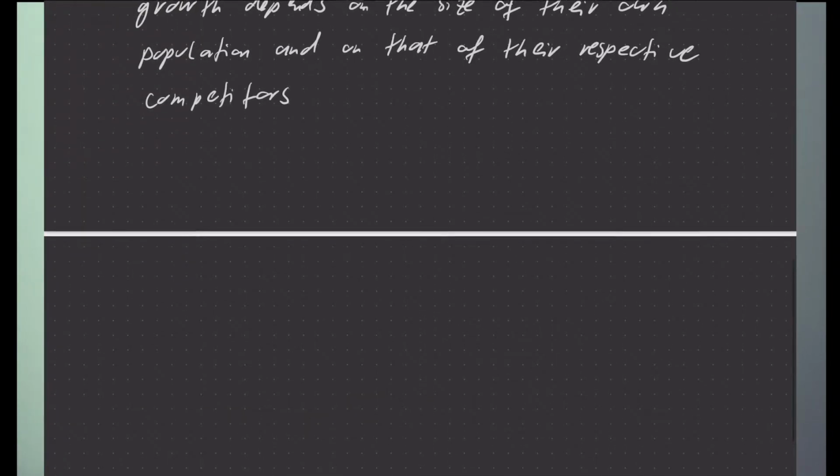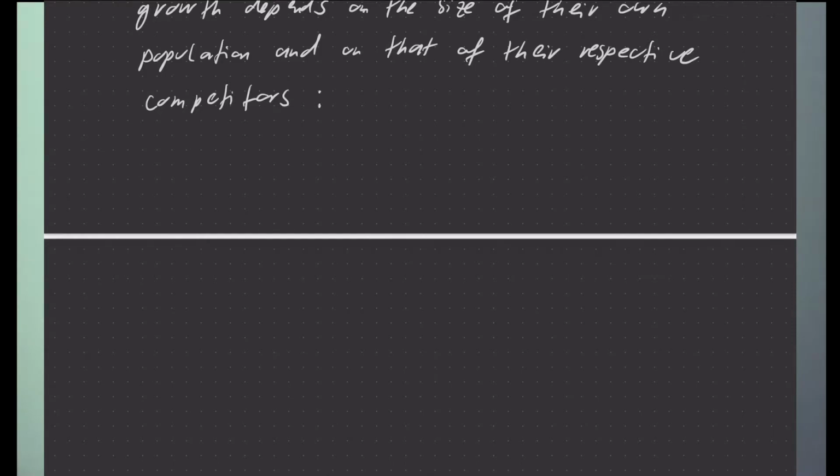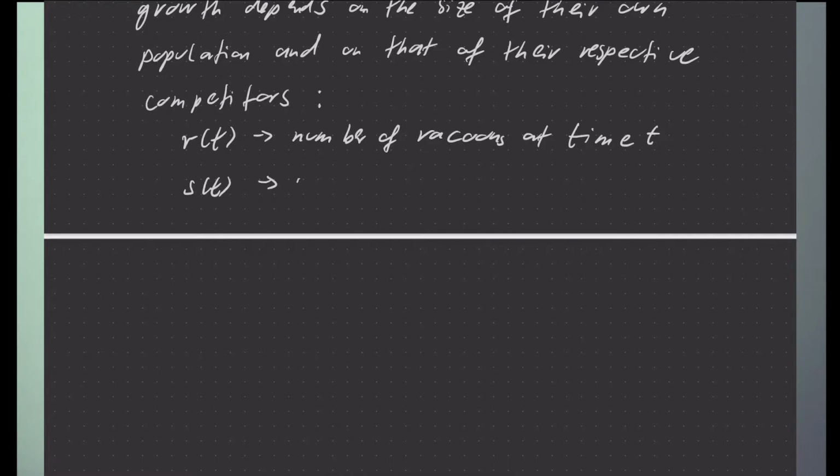Specifically, we can express this as two differential equations, and we do this by denoting by R of t the number of raccoons at a time t, and by S of t the number of squirrels at time t.